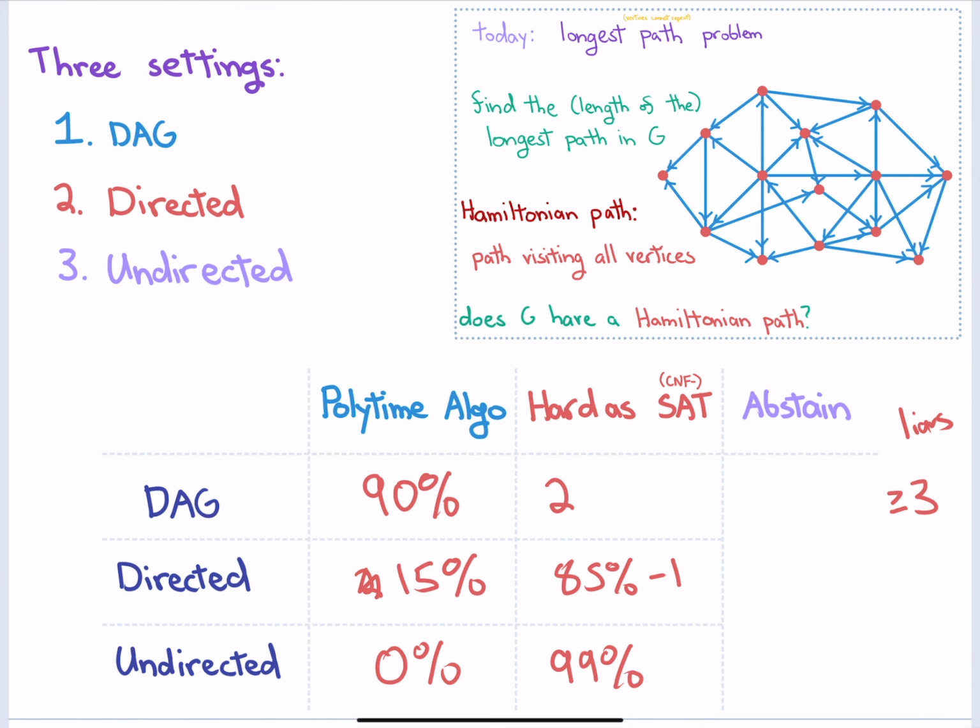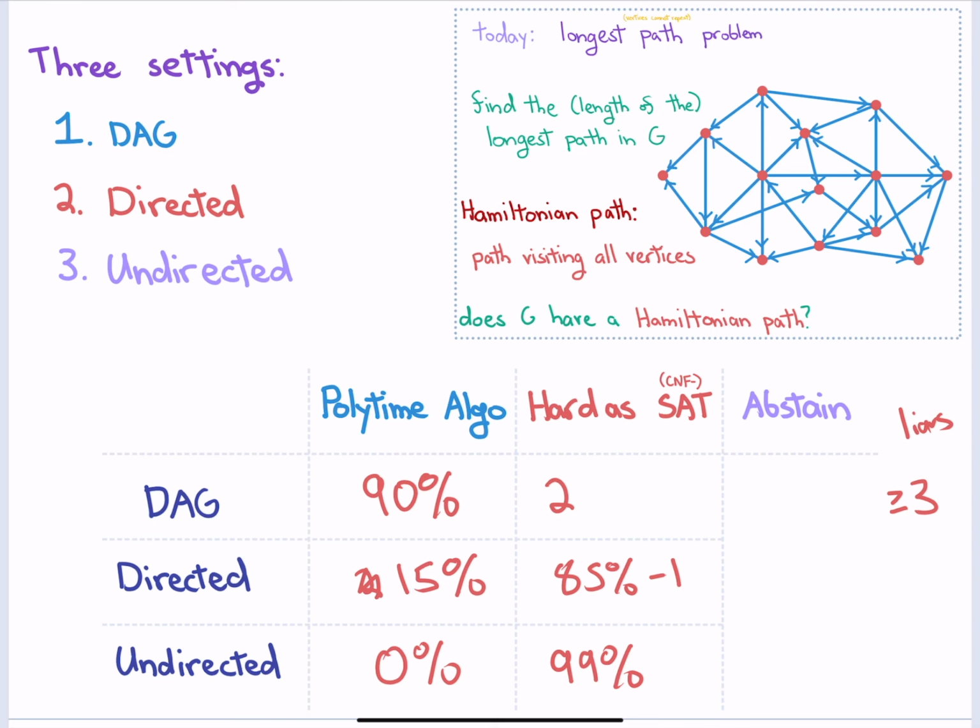Okay, here's my question. A lot of questions. One question is, why did more people think undirected would be hard than they thought directed would be hard? Right.